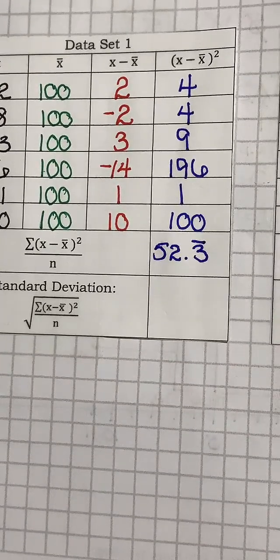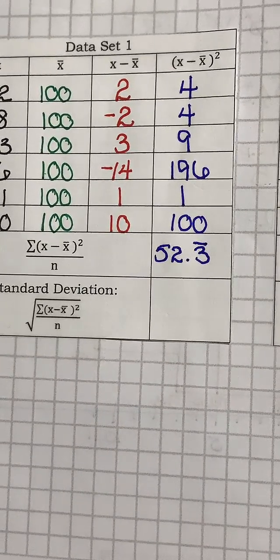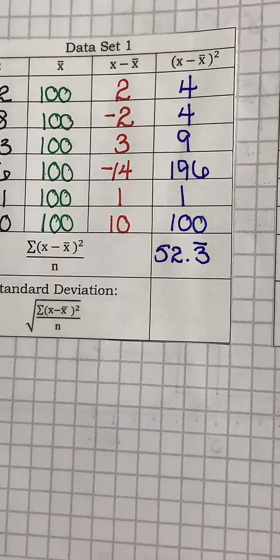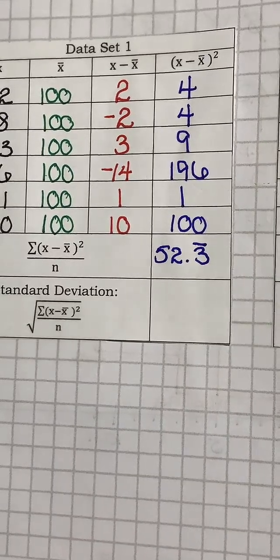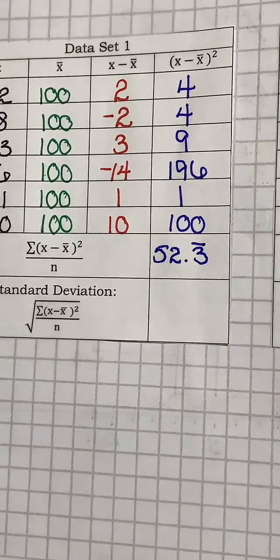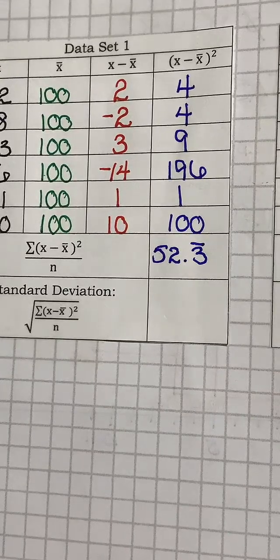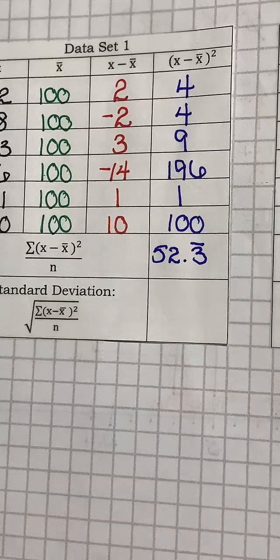Okay? So this is a situation where I might round, because I'm not putting all those 3's in there. But in my calculator, I'm not just going to put in 52.3. I'm going to leave it in its natural state of 52.3 repeating.